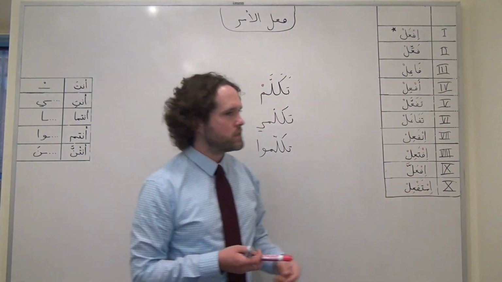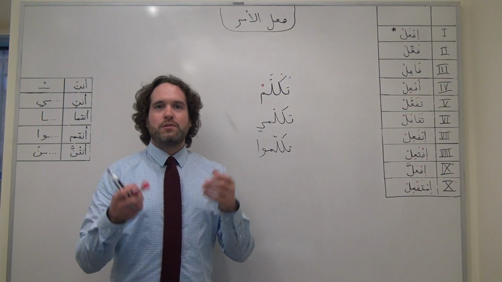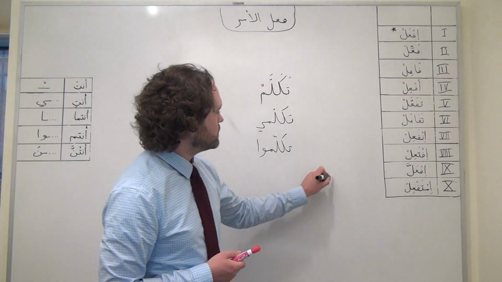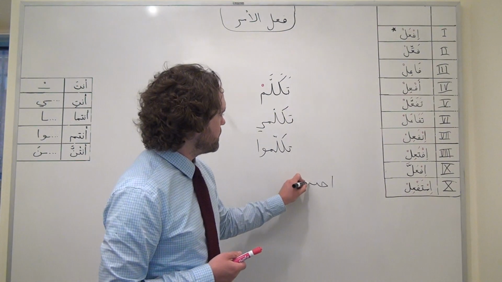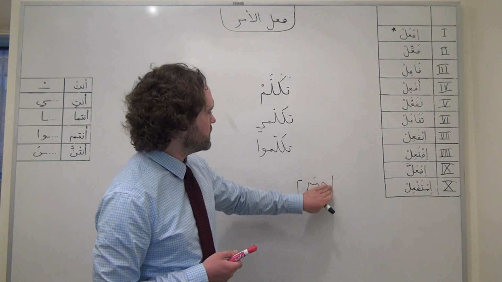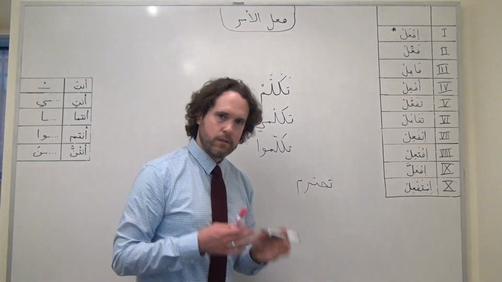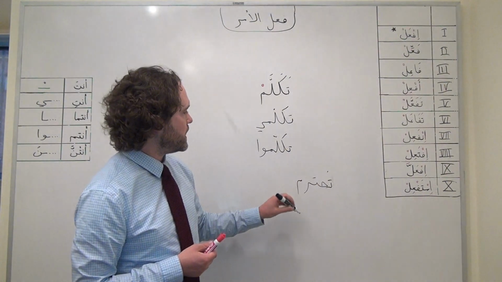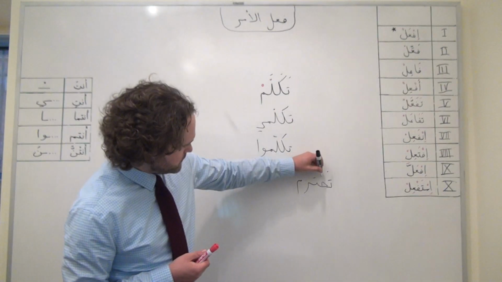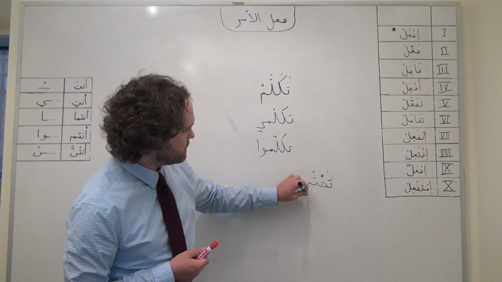So if we wanted to say to someone, respect yourself, using the verb ihtarama. Well, if I wanted to conjugate it for enta and majzoom, masculine singular second person, I have tahtarim.